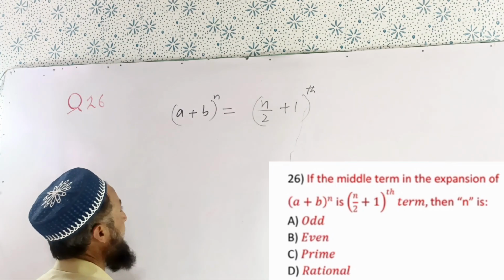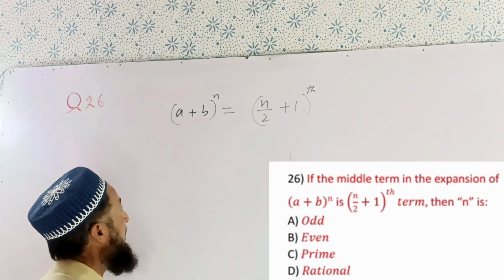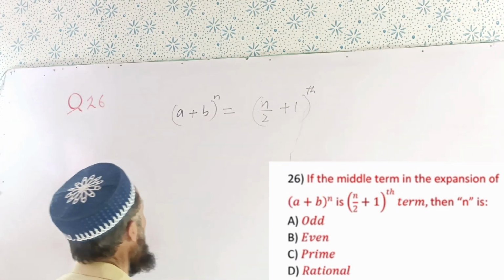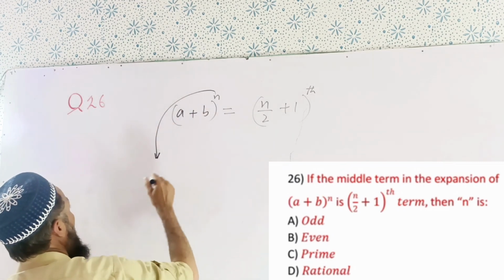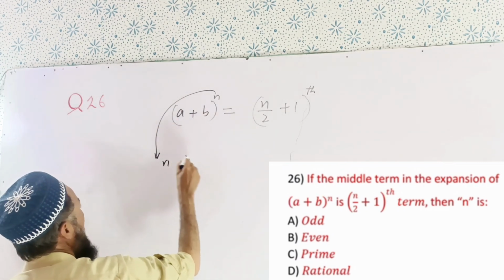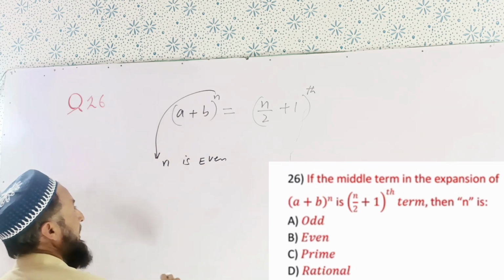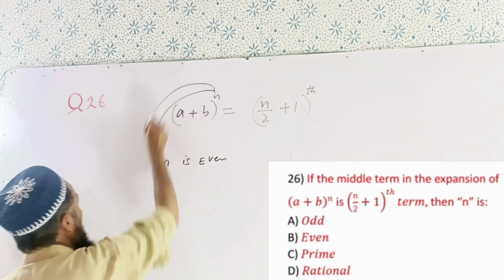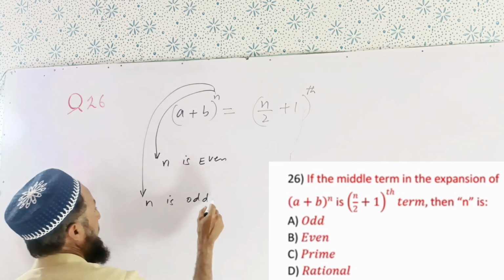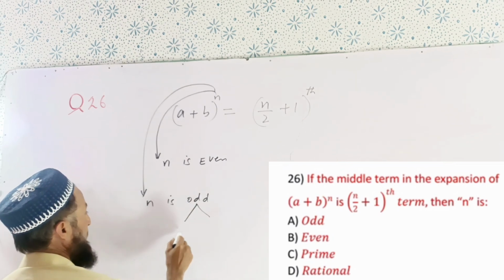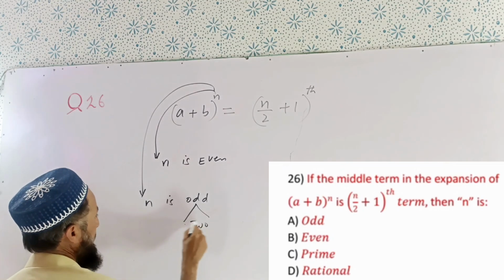As we have already discussed, if n is even, we get one middle term. So here n is even, so we get one middle term. If n is odd, we get two middle terms.